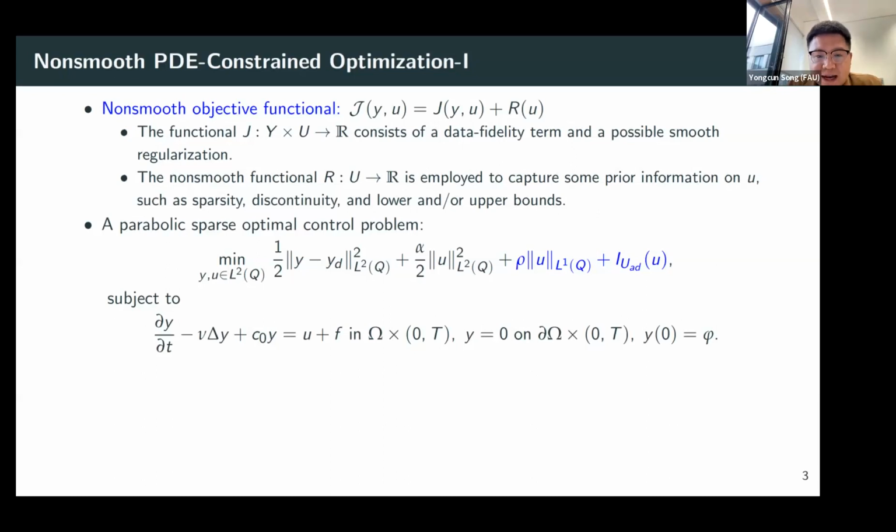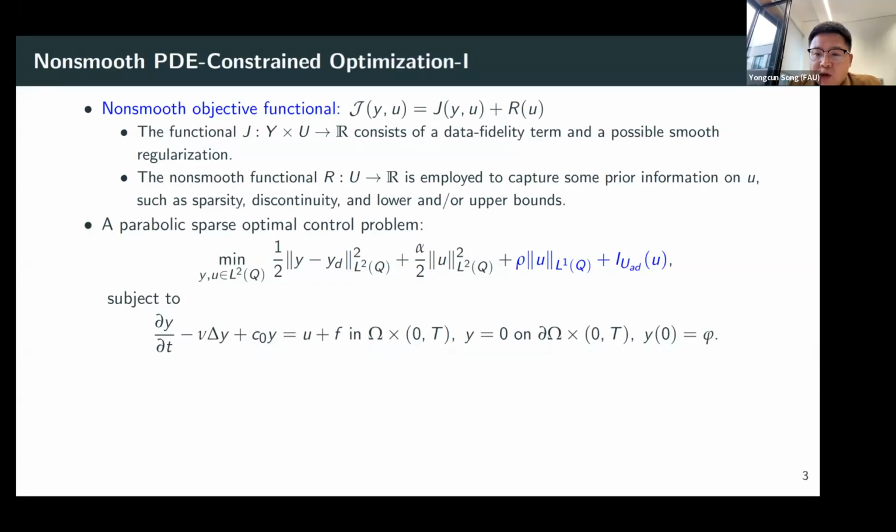And the second term is a smooth regularization. And the last two terms, marked in blue, are the non-smooth terms. The L1 regularization is used to promote the sparsity of the control variable u. Here, sparsity means the support set of the control variable is only a subset of the domain. That means, in some parts of the domain, the control variable is 0.